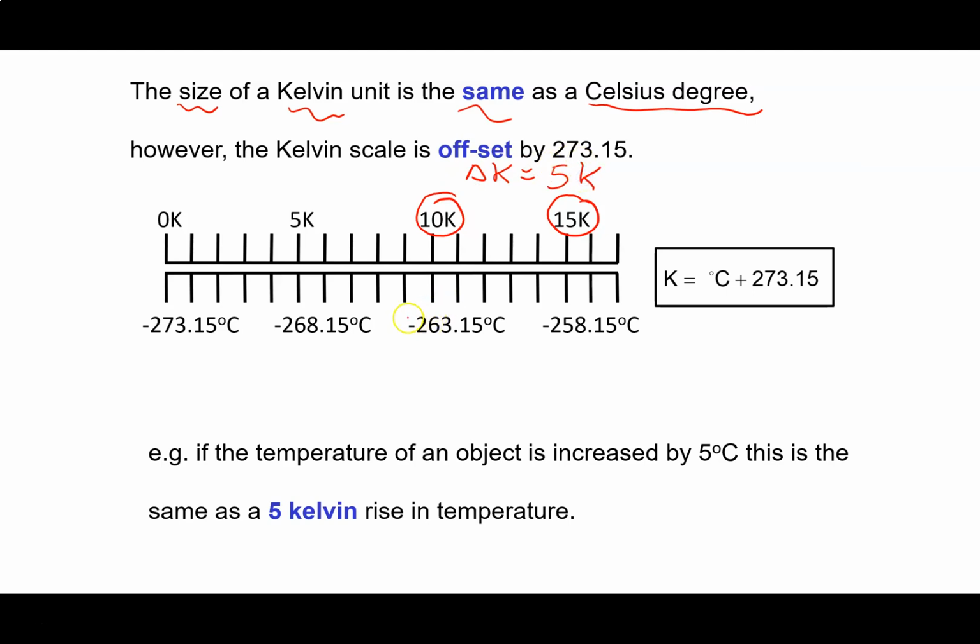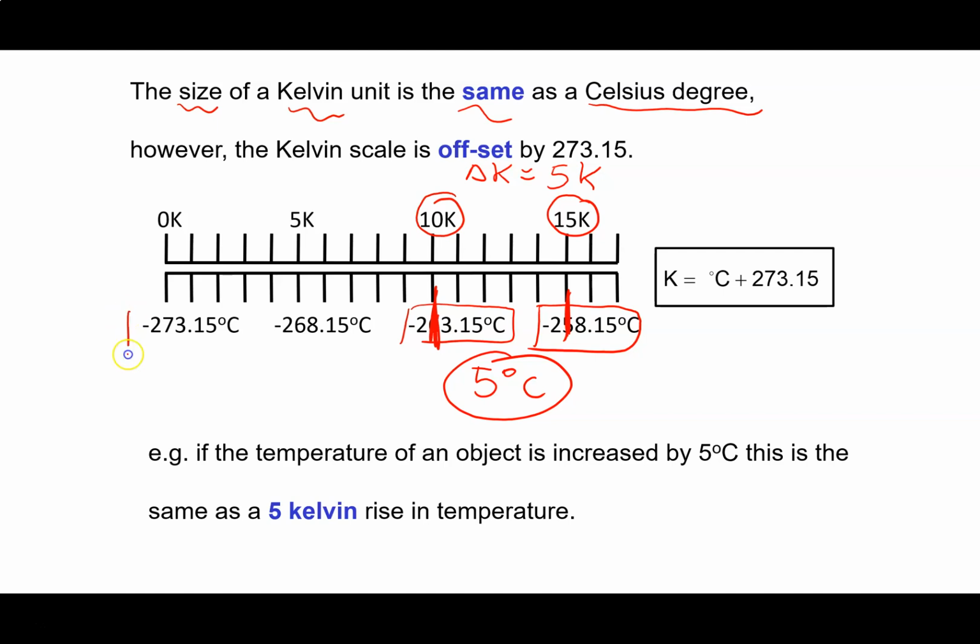Going from minus 263 to minus 258, the difference there is, you guessed it, 5 degrees Celsius. So that's cool, right? The change in the Kelvin scale is exactly the same as the change in the Celsius scale.